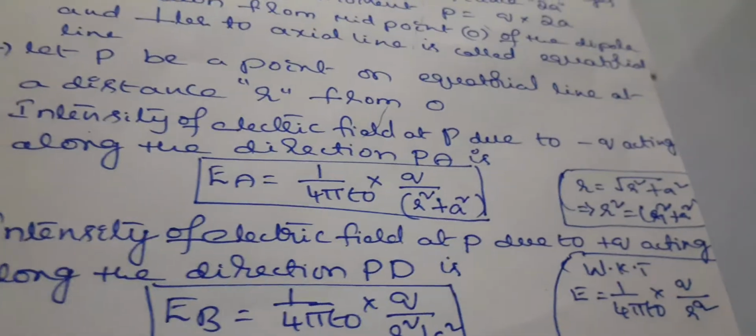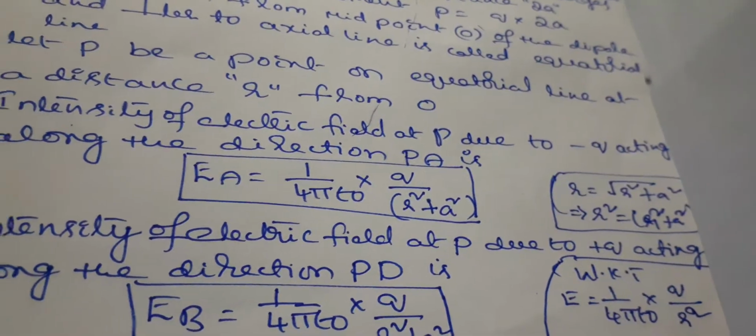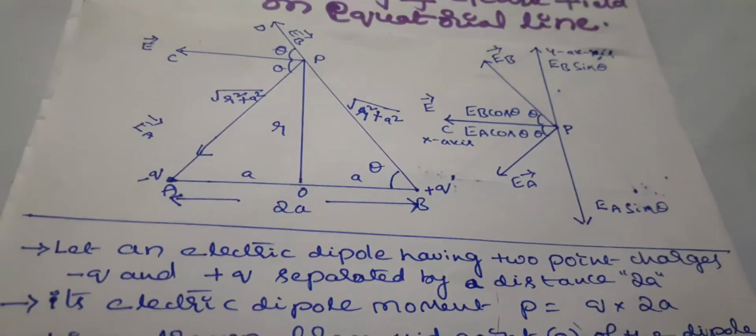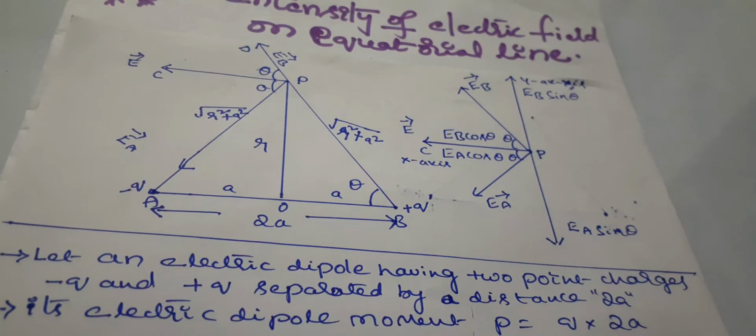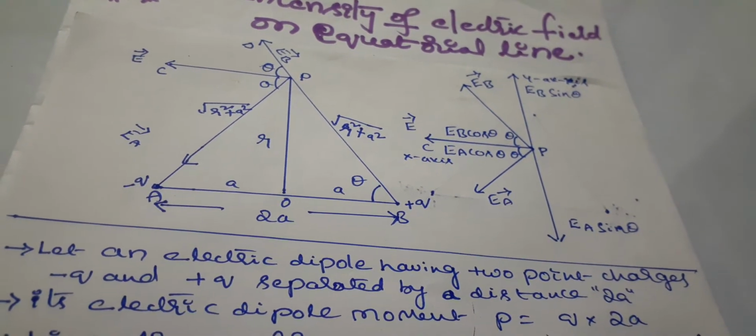Similarly, the intensity of electric field at P due to plus q acting along the direction PD. So you can see in the figure, students. The intensity of electric field at P which is caused by plus q acting in the direction PD is also given by the formula.